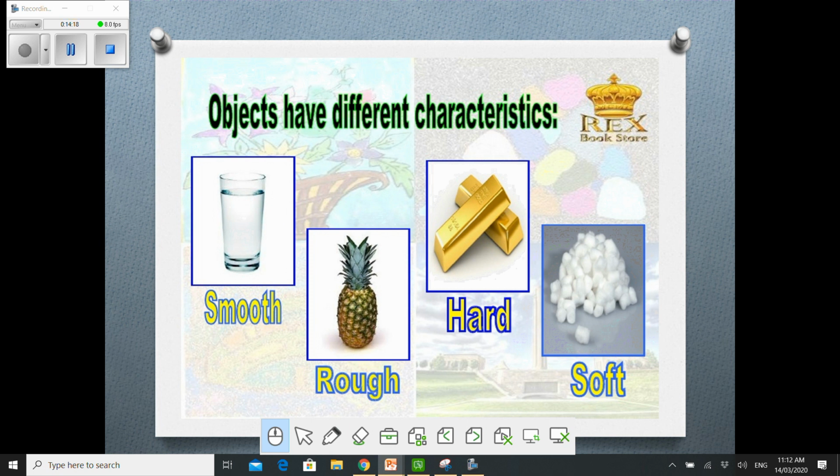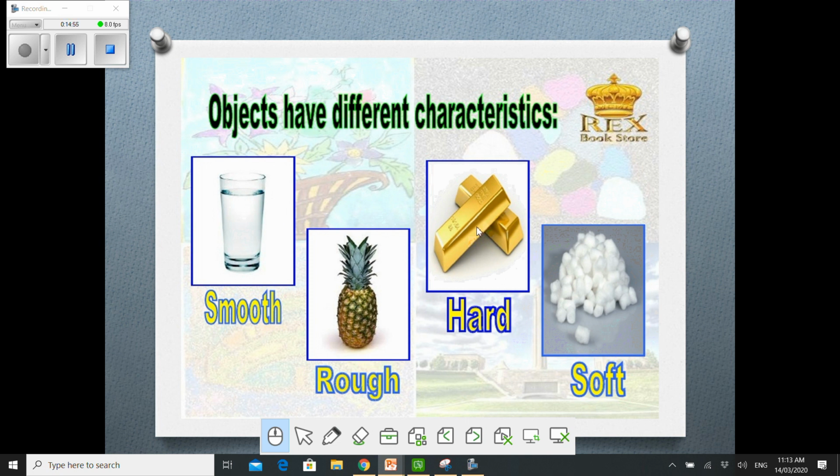If you have a pineapple, touch it and you will see how rough it is. Some of the objects are hard. Some of them are soft.